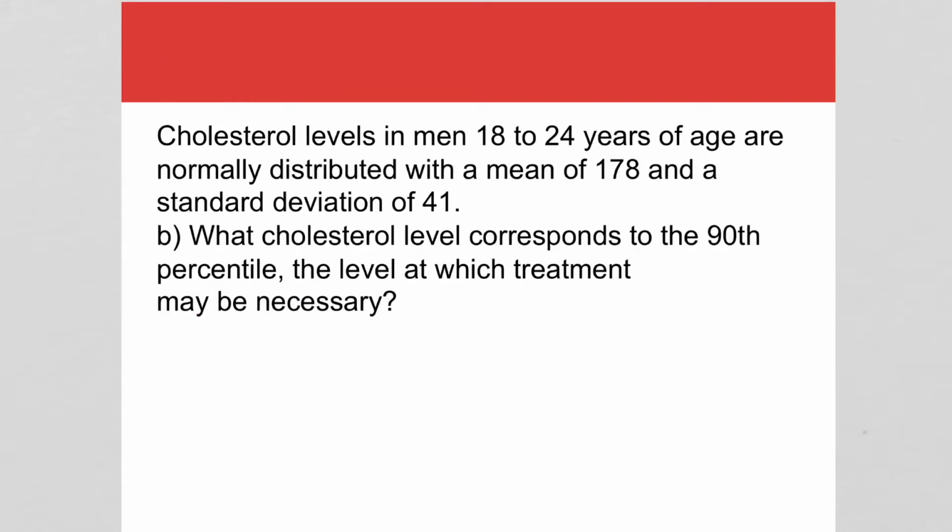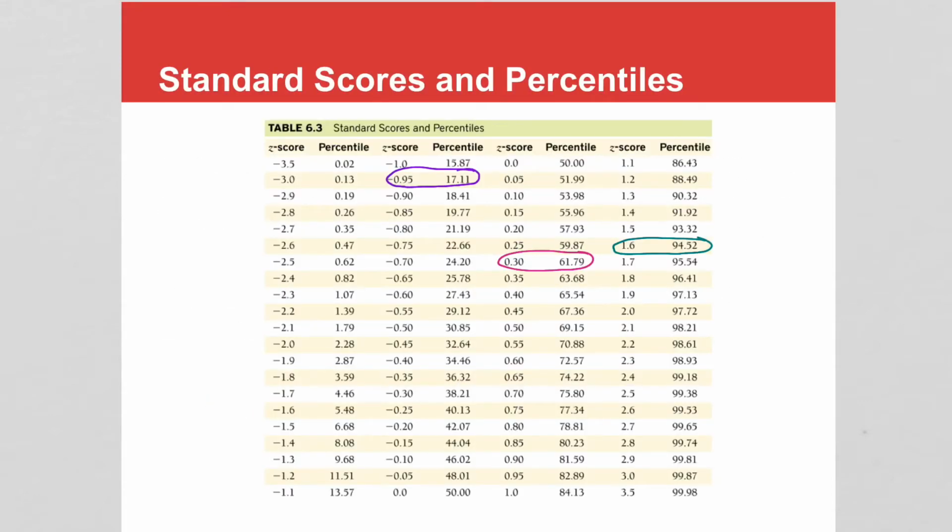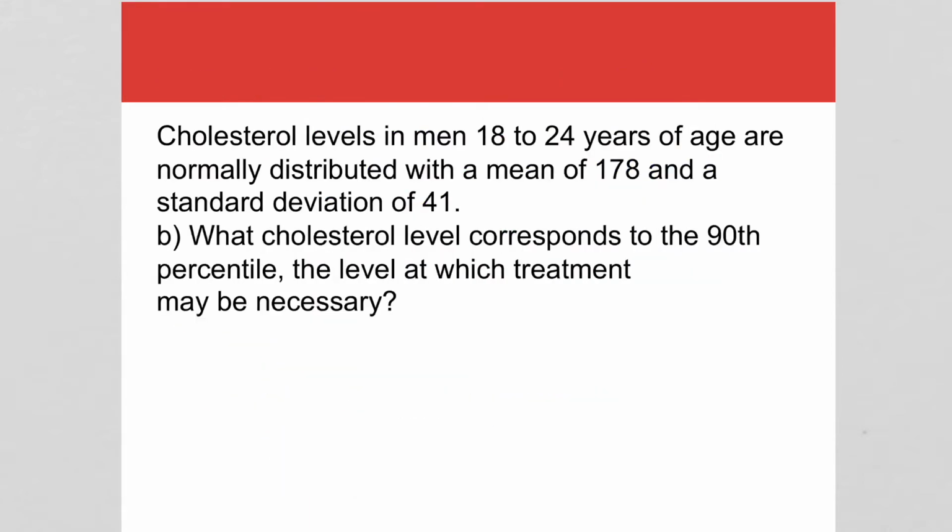What cholesterol level corresponds to the 90th percentile, the level at which treatment might be necessary? Okay, so 90th percentile, if we look back at our table, the closest thing to 90th percentile is 90.32. So that's a z-score of 1.3.